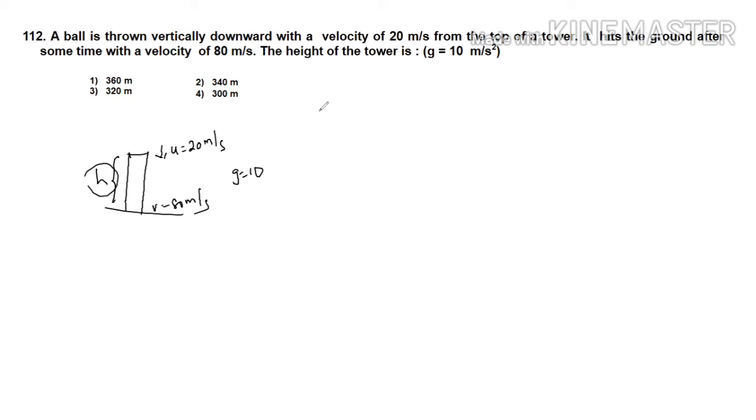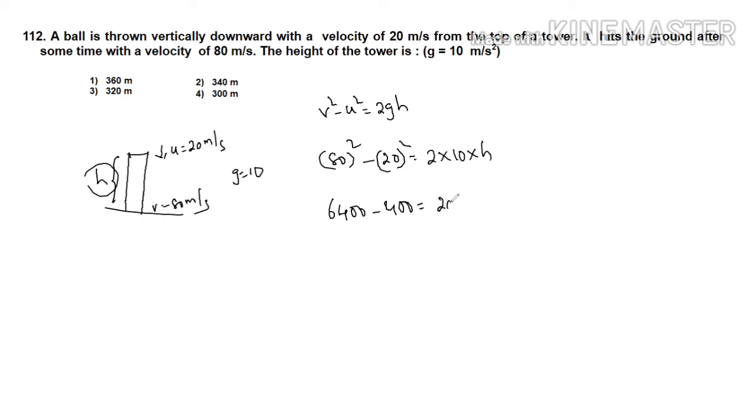So we know the formula, v square minus u square is equal to 2as, or we can write it as 2gh. So v is 80 square minus 20 square is equal to 2 into 10 into h, that is 6400 minus 400 is equal to 20h.